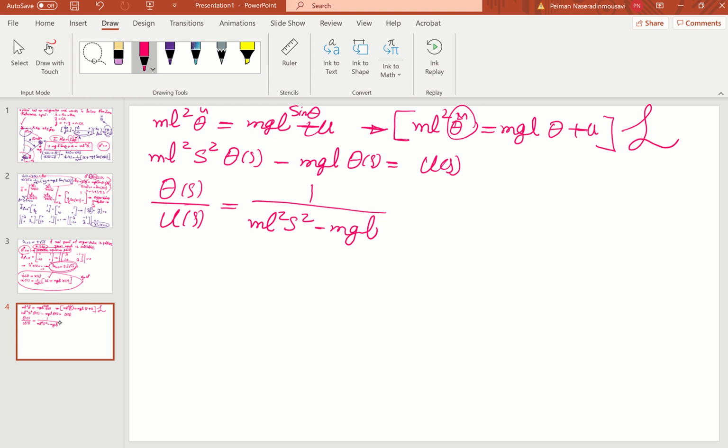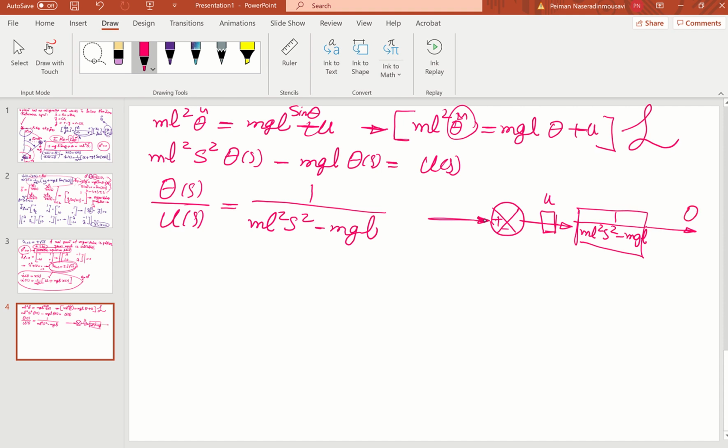So I'm going to plot it here, guys, because I want to examine all the conditions I set. Suppose this is the u controller. You have this transfer function, 1 over ml squared s squared minus mgl, and this goes to the real output.